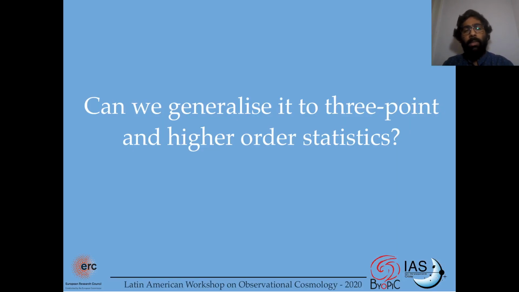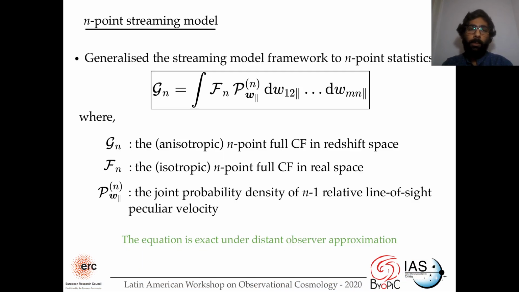However, the question we asked in this work is: can we generalize this streaming model framework to three-point and higher order statistics? It turns out we can. Starting from first principles, we derive the streaming model framework for n-point statistics.